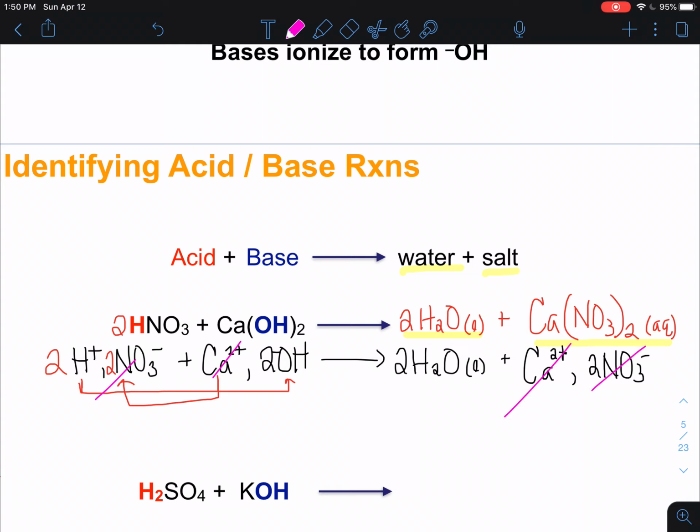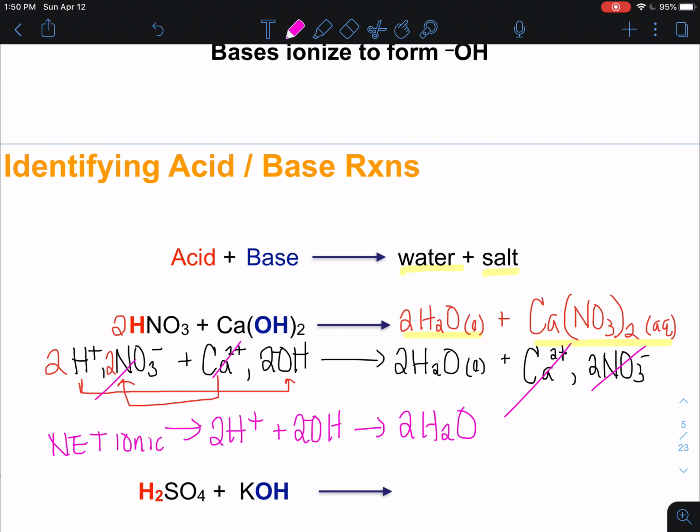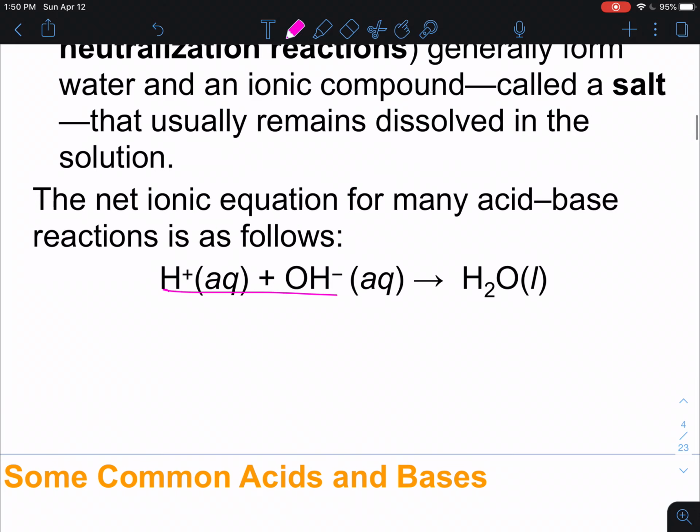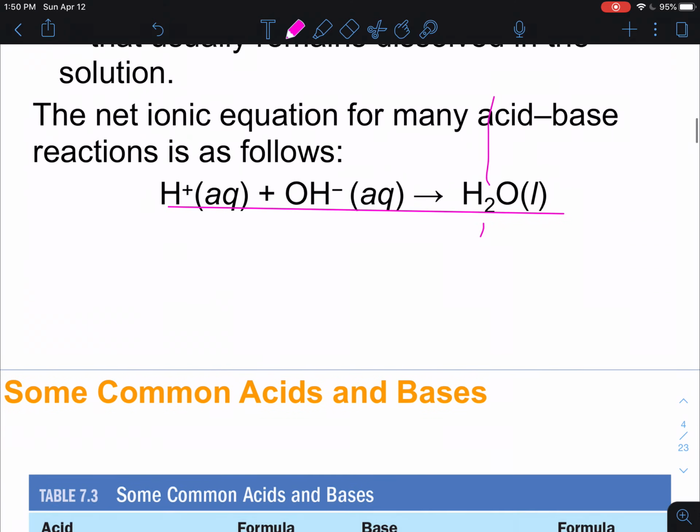So that's going to give us 2H+ plus 2OH- goes to 2H2O. So this is the net. All right, so that follows exactly what we were looking at before. The net: H+ plus OH- goes to H2O. All right.